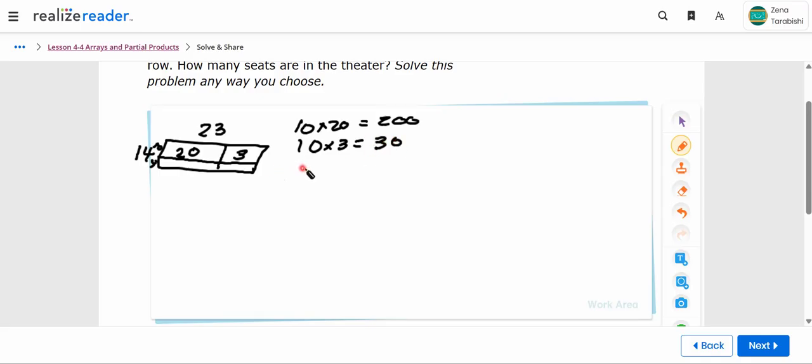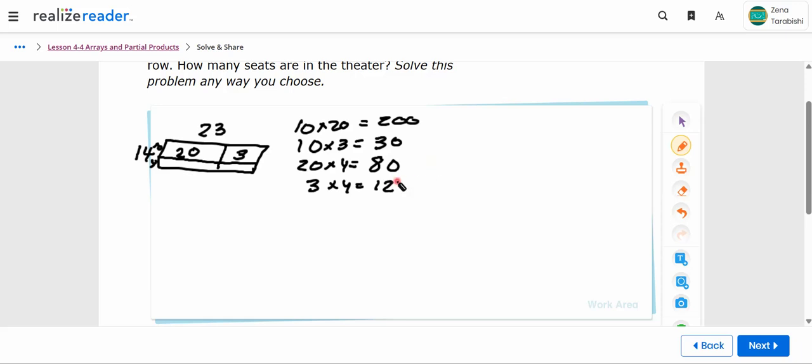Then I have 4 times 20, or 20 times 4, that's fine too. I like to have the larger number in front, but it doesn't matter if you're multiplying. 20 times 4 will give you 80. And then 3 times 4, that'll give you 12.